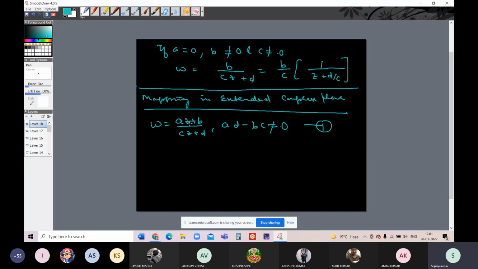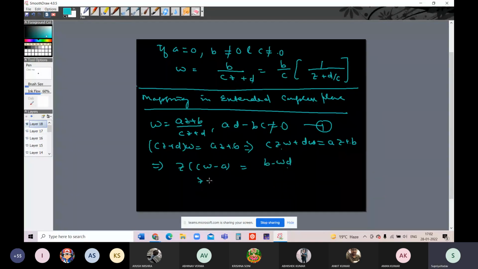Okay, we can also write Z in terms of W when we are representing the same map. So this must be W(CZ + D) = AZ + B, that is CZW + DW = AZ + B. This can also be written as Z(CW − A) = B − WD.